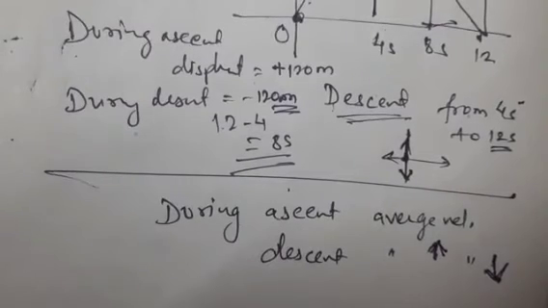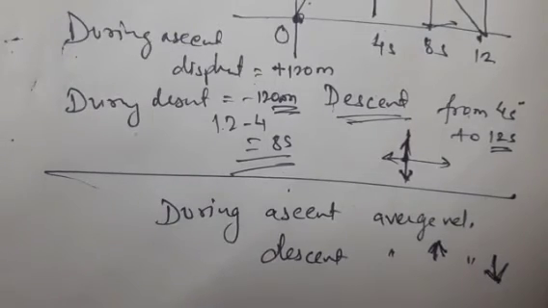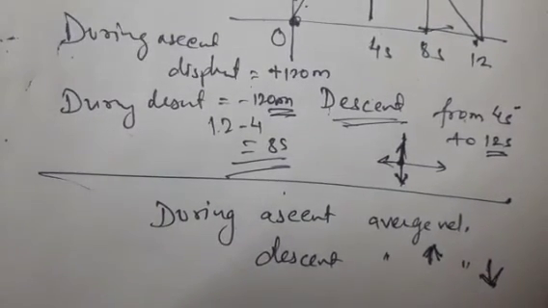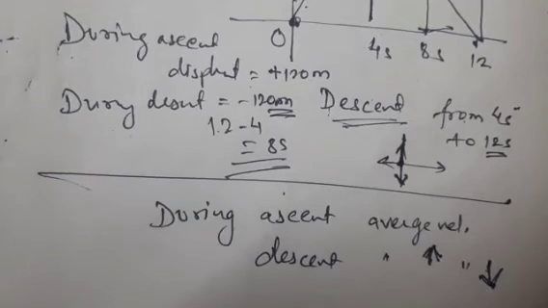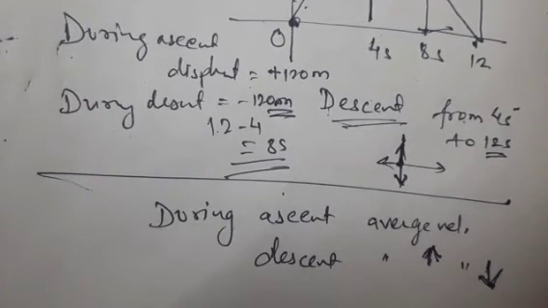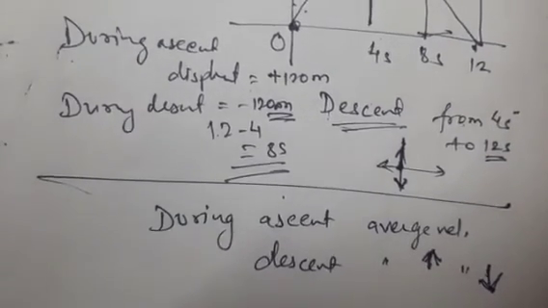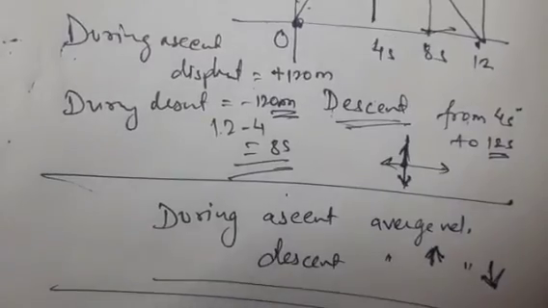So in case of distance, you will have to calculate the whole distance traveled, the whole path covered. It is the length of the actual path traversed by the body. But in case of displacement, we just have to find the shortest distance between final and initial position. So in this way, we can do it.